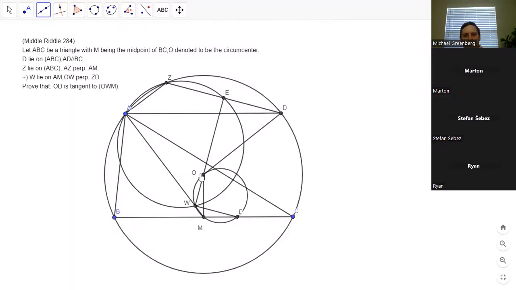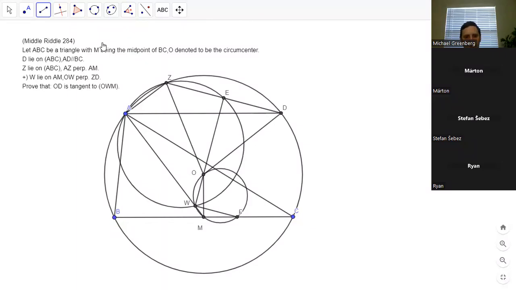So we could try to show angle DOW is like 180 minus OMW. But DOW, so yeah, another way we could try to show angle ZOE. If we can show ZOE equals OMW, would that solve it?